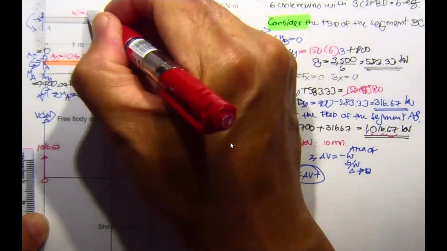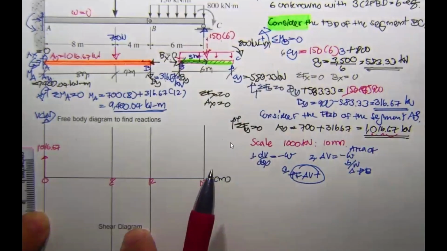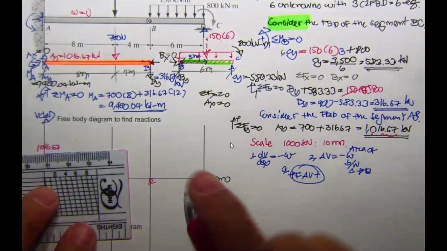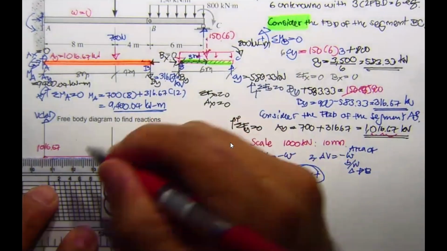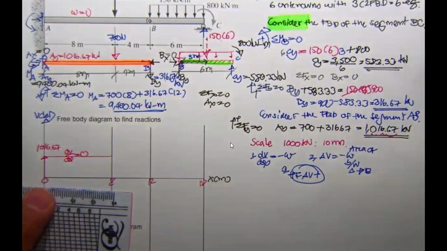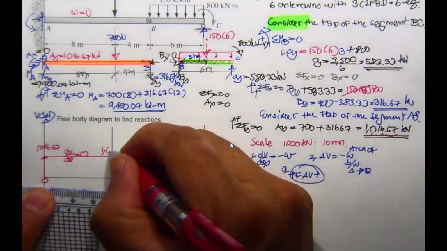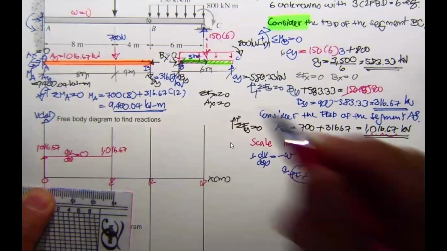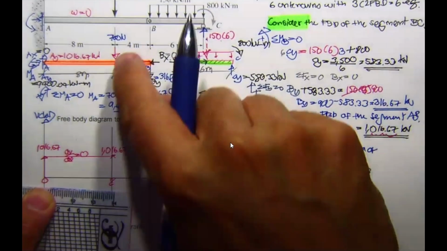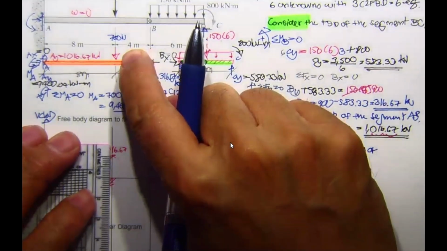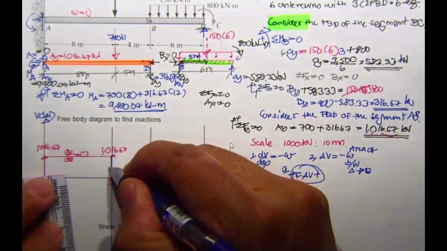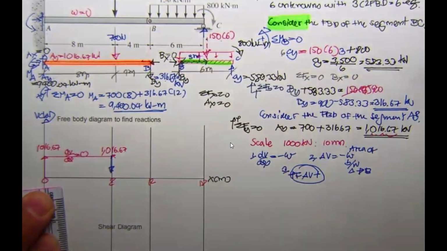Let me show you. When you draw the shear force diagram, you see the problem. So the slope is going to be 0, dV by dx equals 0. Since the slope is 0, this is going to be 1016.67, the same as before. Then 700 down, that's going to be about 7 millimeter, putting it downward.